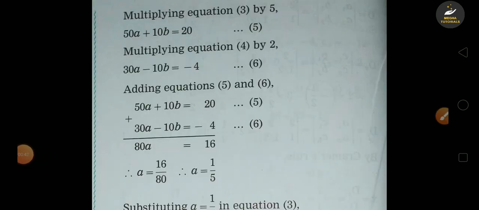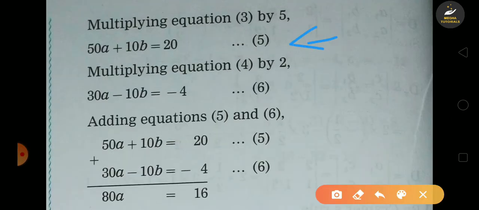Using elimination method, so multiply equation 3 by 5 to get 50a plus 10b is equal to 20 and multiply equation 4 by 2 to get 30a minus 10b is equal to minus 4. Equation 5 and 6. So adding equation 5 and 6, we'll get 50a plus 10b is equal to 20 plus 30a minus 10b is equal to minus 4.